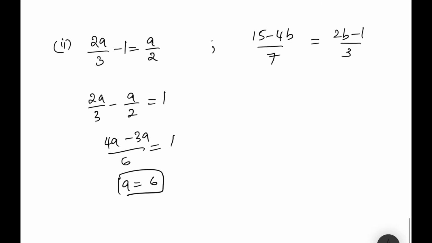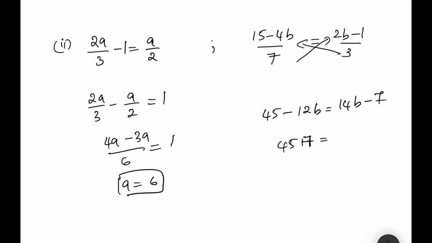Now coming to the next question, I need to cross multiply here. So what do I get? 15 into 3, 45 minus 12b equal to 14b minus 7. If I take b to the other side, 45 plus 7 equal to 14b plus 12b, that is 26b.